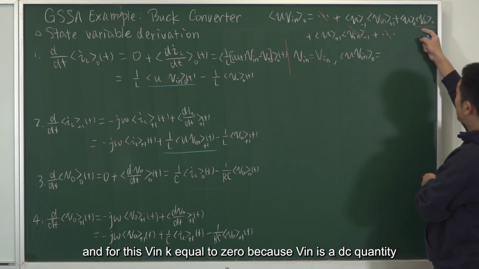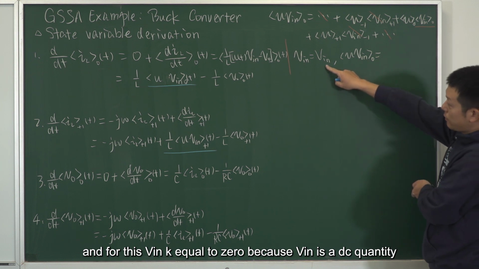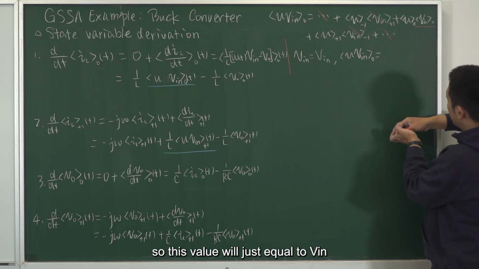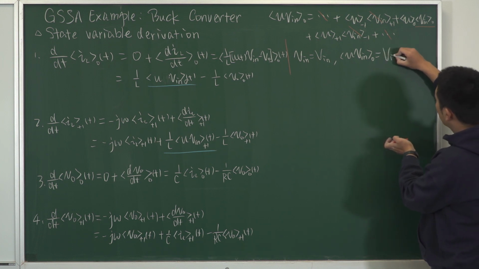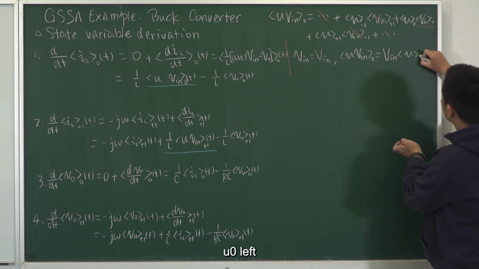And for this V in k equals to 0, because V in is a DC quantity, this value will just equal to V in. So we'll only have U0 left.